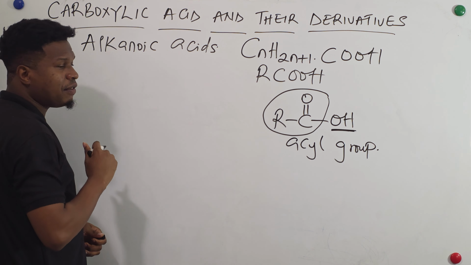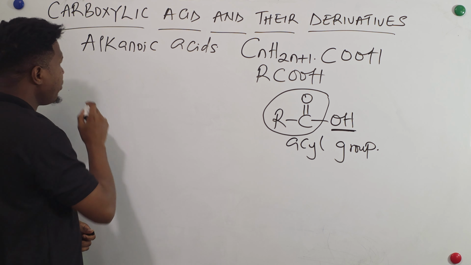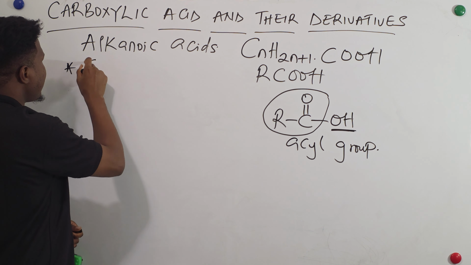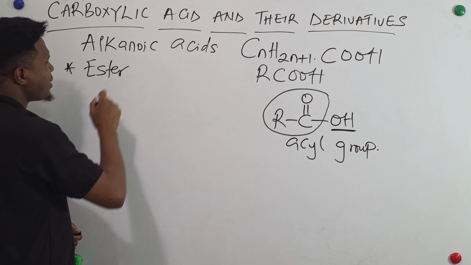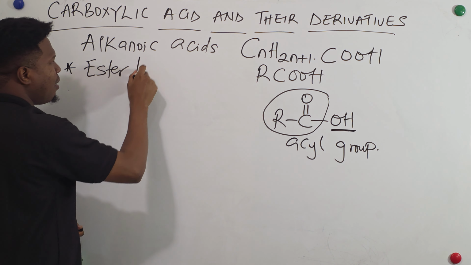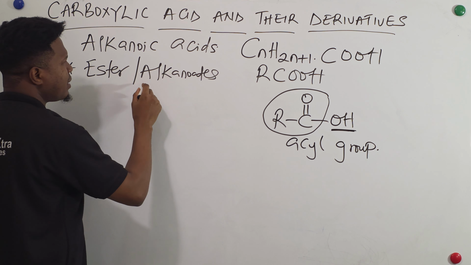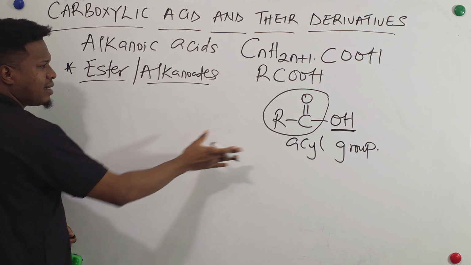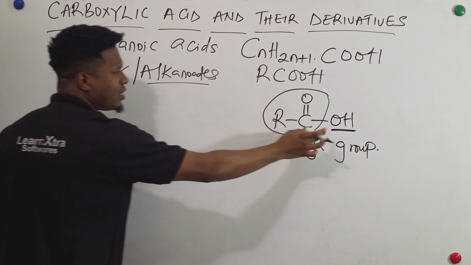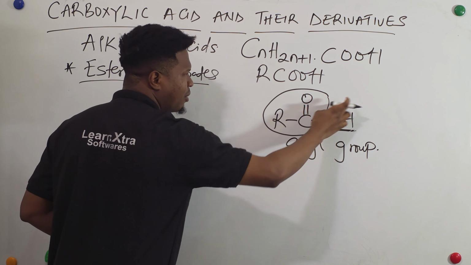The derivatives of carboxylic acids, the first one we have to talk about is ester. Call them ester, or you can call them alkanoates. These alkanoates are derivatives of carboxylic acid. That is, just remove this OH and replace with something else.